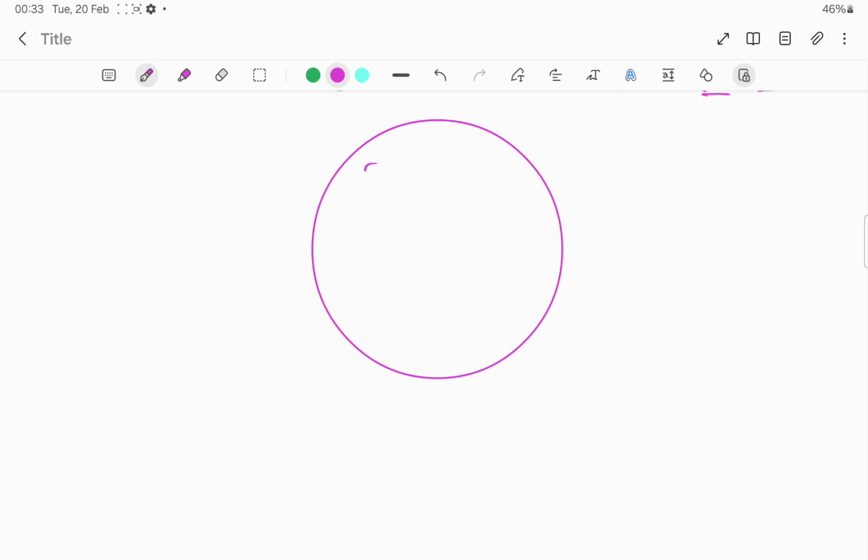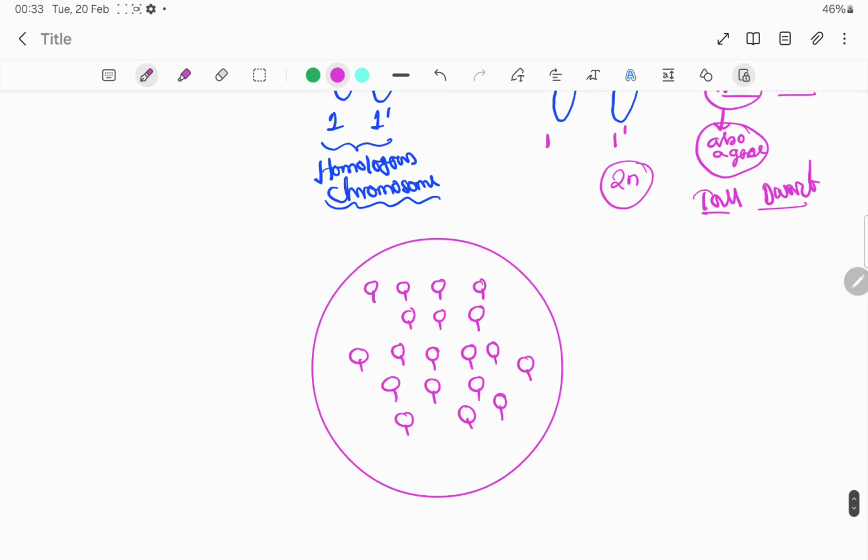Suppose these are individuals, and a group of individuals we know is called a population. Now in that human population, the number of people having the tall allele is more. So it has the tall allele, it also has the tall allele.